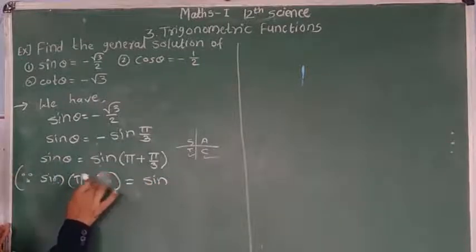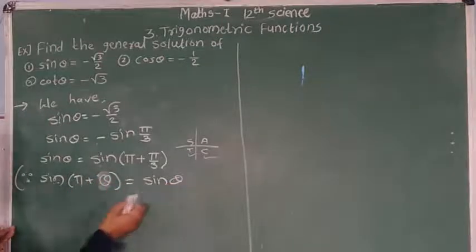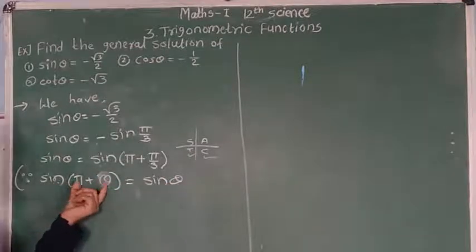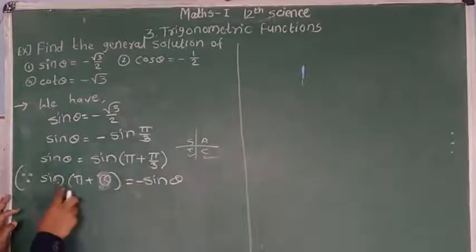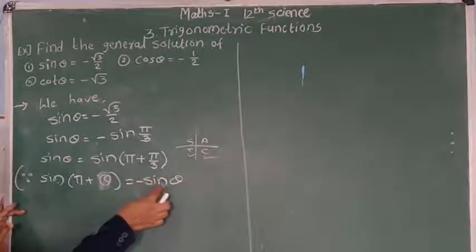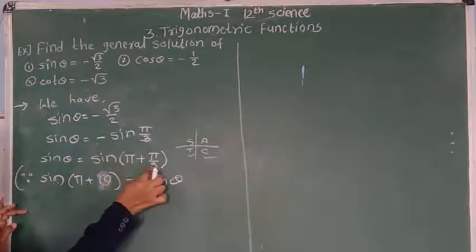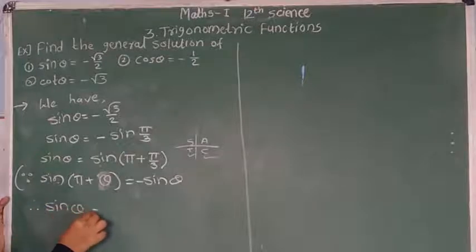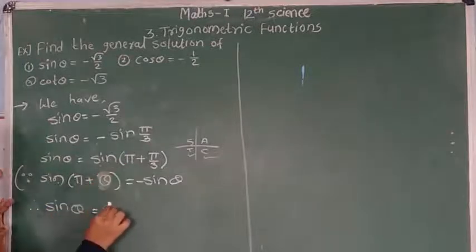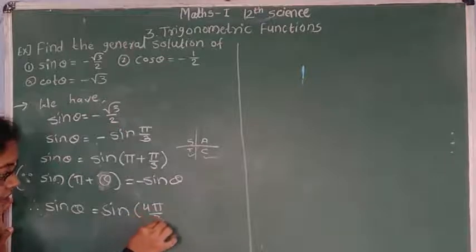Pi plus theta lies in the third quadrant, and in the third quadrant sine is negative. So sin of pi plus theta is minus sin theta. Therefore sin theta is equal to sin of 3 pi plus pi, which is 4 pi by 3.